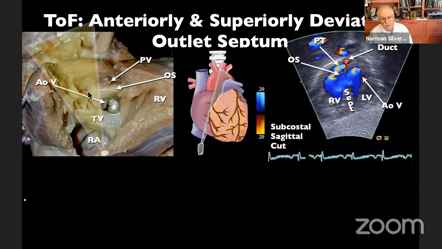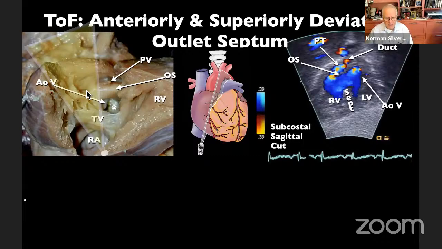And the first example I want to show you is this beautiful example from my own archive at the University of California in San Francisco, where the outlet septum is deviated at 90 degrees to the plane of the ventricular septum. Here is the plane of the ventricular septum parallel to your screen, but here you see the outlet tract is deviated completely at 90 degrees.